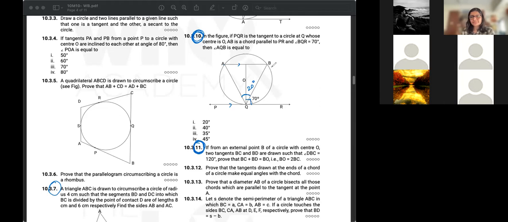Did everybody do the same thing? From here we got 20, so 2 times 20, 40. I kind of expected it. That's why I wanted to discuss this. If a question like this comes in the subjective exam, how are you going to solve it?